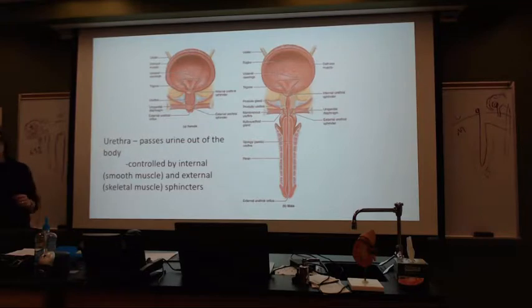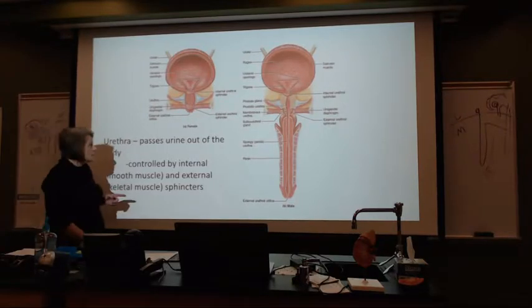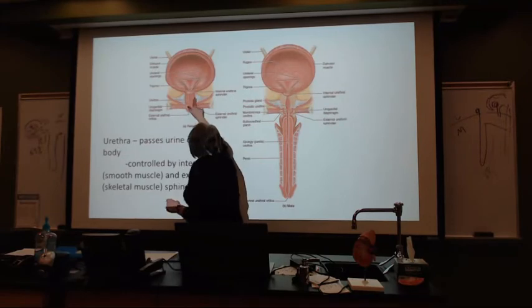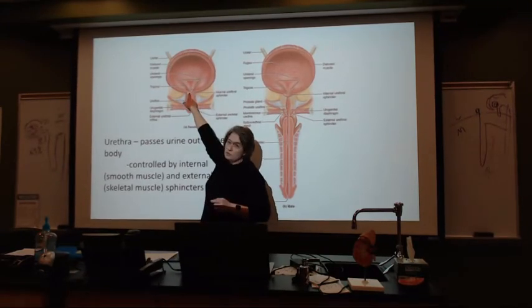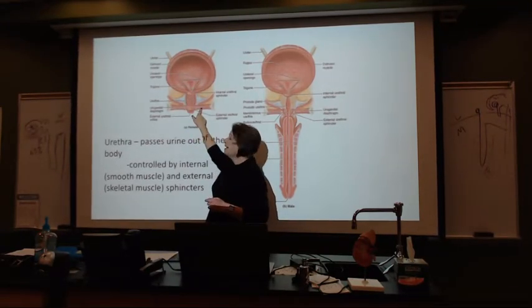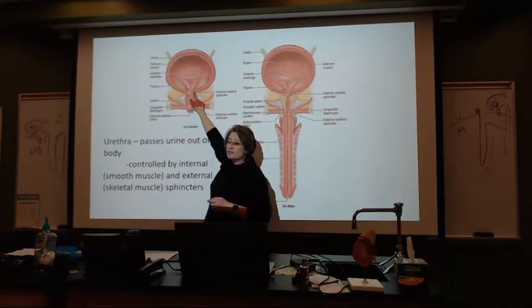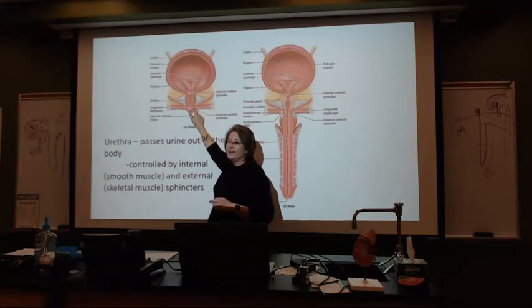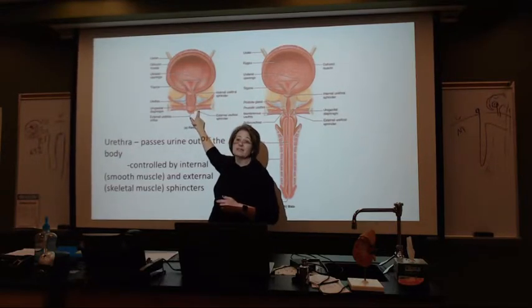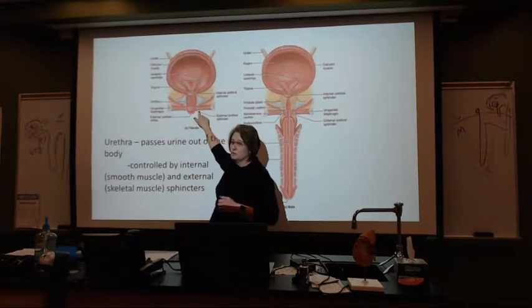The urethra is the anatomy that passes urine out of the body. Here's the thing about the urethra. The urethra is controlled by an internal sphincter and an external sphincter. The internal sphincter is smooth muscle. The external is skeletal muscle.